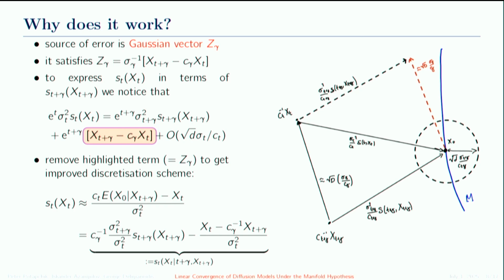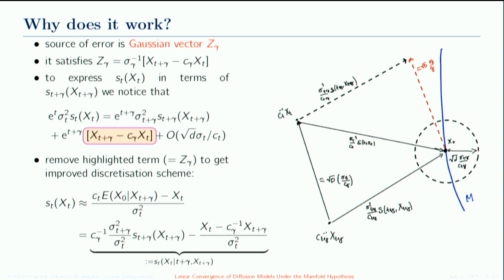So if you're wondering why this works, then hopefully this picture can offer a little bit of insight. Hopefully you can read it. But the idea is that when we're discretizing, we're trying to express the score at time t plus gamma as a function of the score at a previous time step. And when we do this, we pick up this term here, the highlighted term, which is precisely a noise term z gamma.